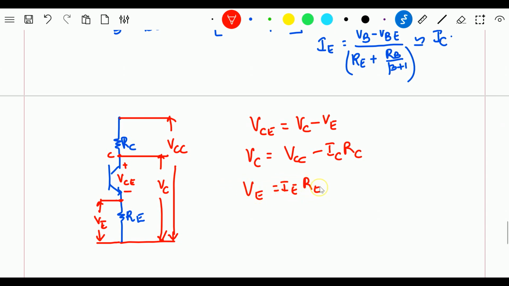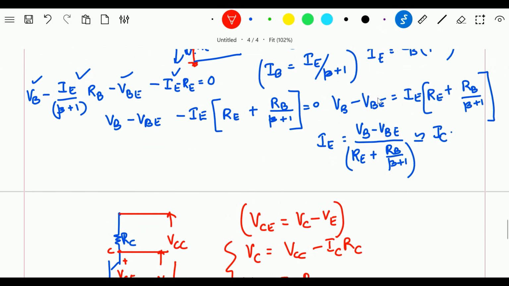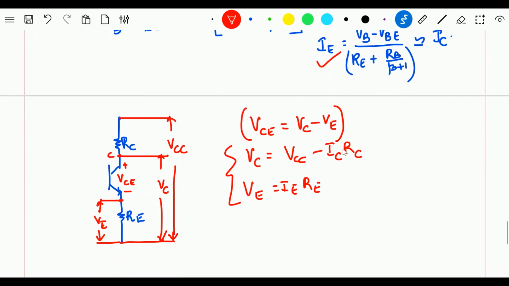If I find these two values, I am easily able to find the value of VCE. So with these, one thing I came to know is IE, which is equal to IC, and another thing is VCE. Therefore, these two equations will now give me the Q point values, VCE and IC.